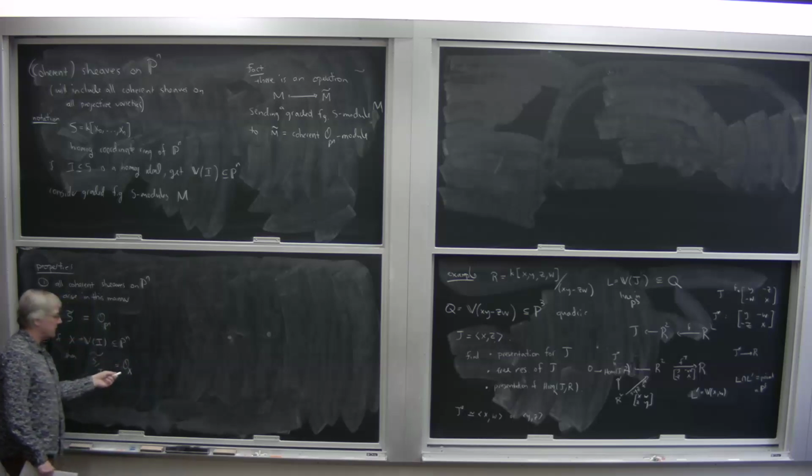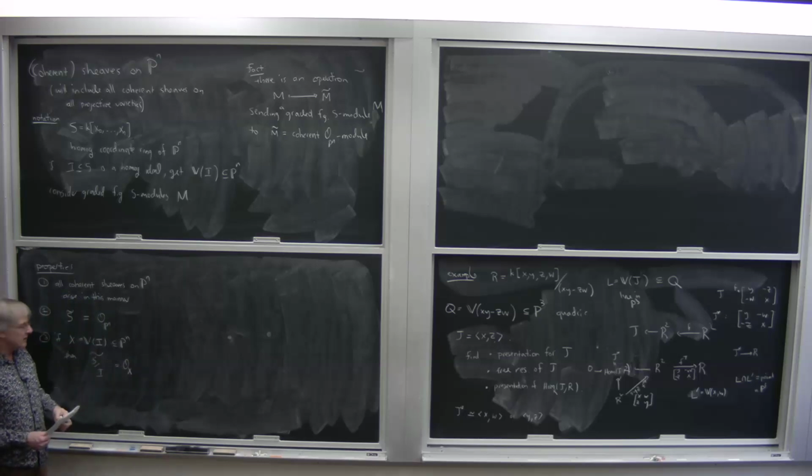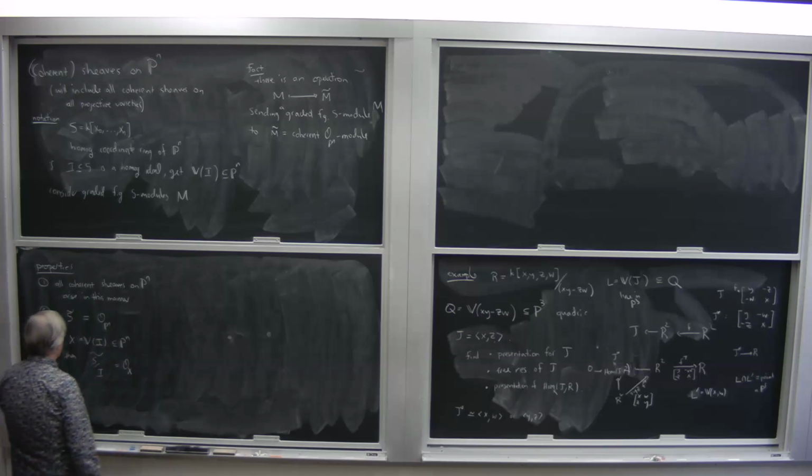This is meant in a scheme-theoretic way. In other words, if this is a radical ideal, it's fine, it's whatever it was. But otherwise, the sheaf of rings is always of this form.